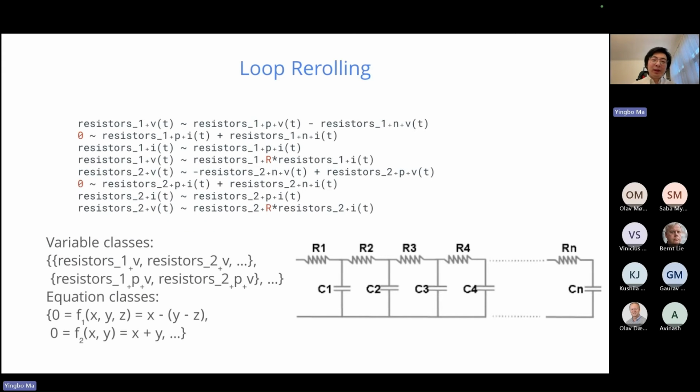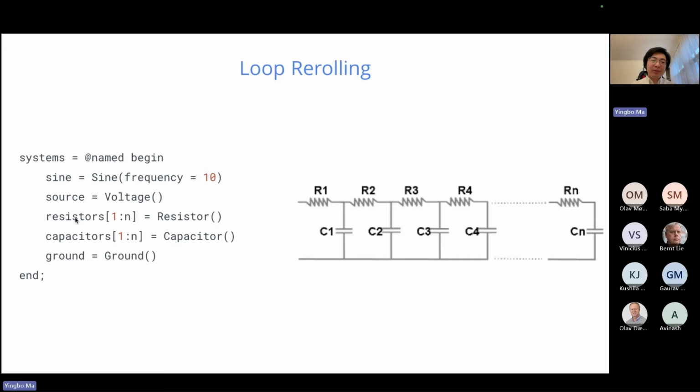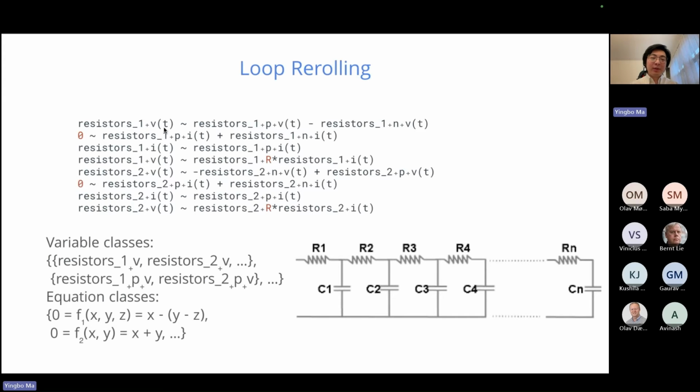So if we just simply expand this previous model, we'll see equations like these. And if we take a closer look, we can see that the first equation and the fifth equation look basically the same, other than the variable names, right? So in the first equation, we have resistor1.v, and in the fifth equation, we have resistor2.v. In the first equation, we have resistor1.p.v, and in the fifth, resistor2.p.v.